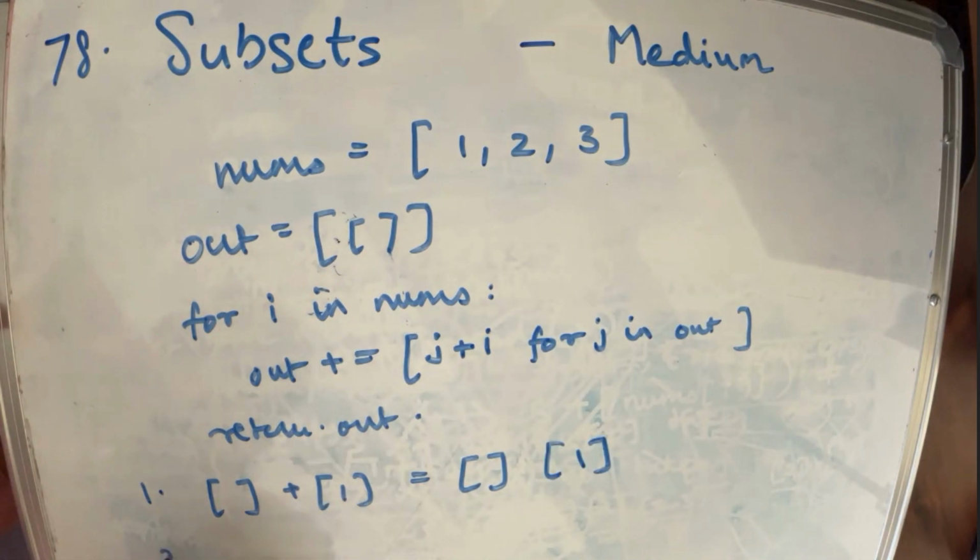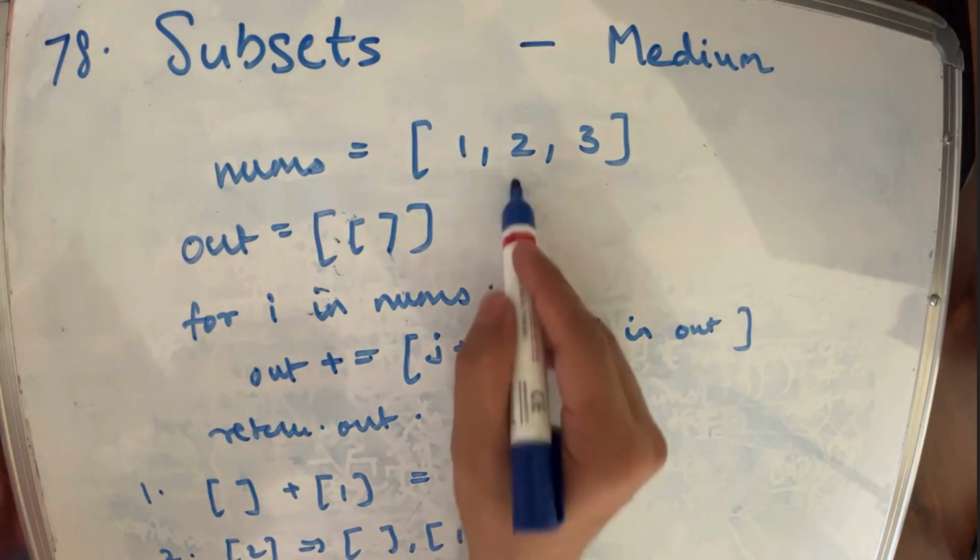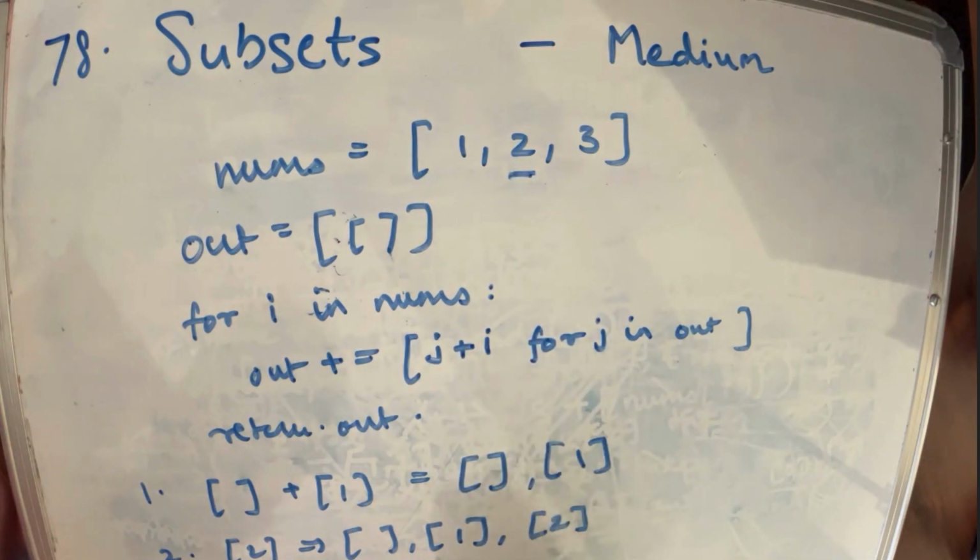Now for the second element, we have the empty set and 1, and we will add 2 to both of them. So for 2 we will have the empty set, 1, then the empty set plus element 2, so 2, and 1 comma 2. The original ones will be there, and then we are adding new elements like this. Now you understand.